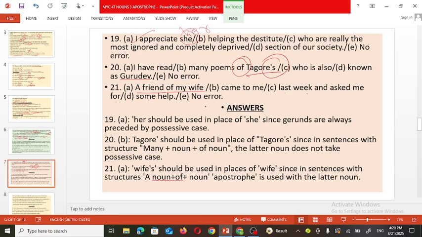So here, a friend of my wife instead of my wife's friend would be more appropriate in the sentence. A friend of my wife instead of my wife's friend can be used here.